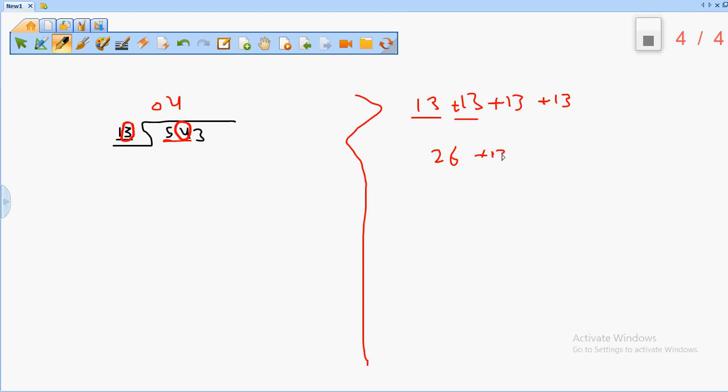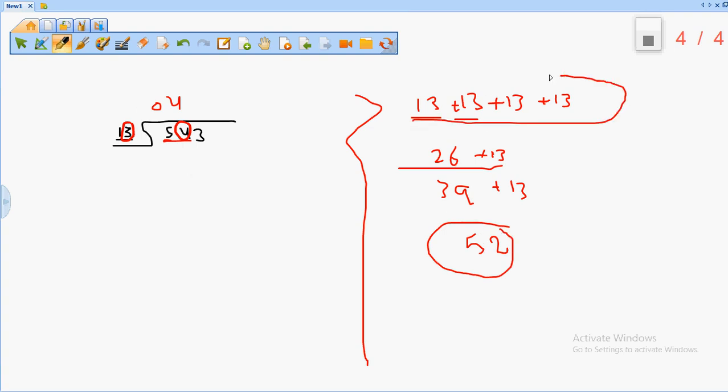Plus 13 is 39. And 13 is 52. So 52 is closer to 54. So I will use 4. How many 13s did I add together to get 52? I added 1, 2, 3, 4 13s.